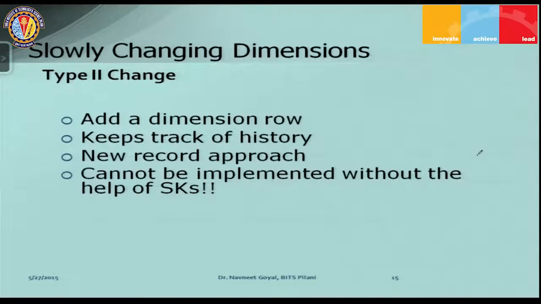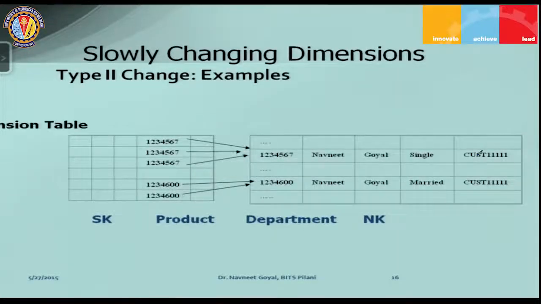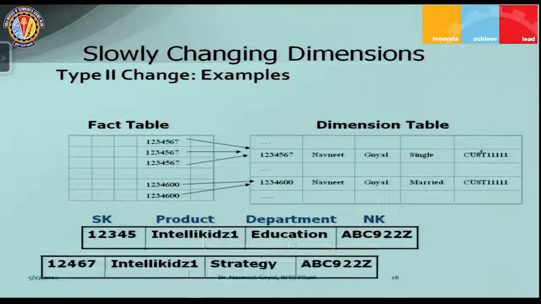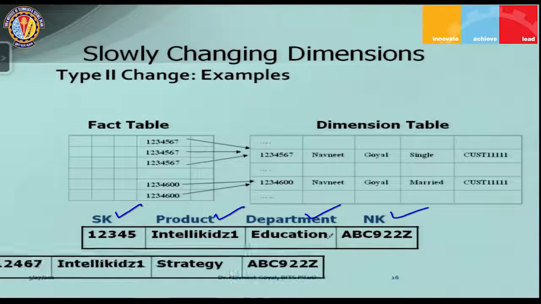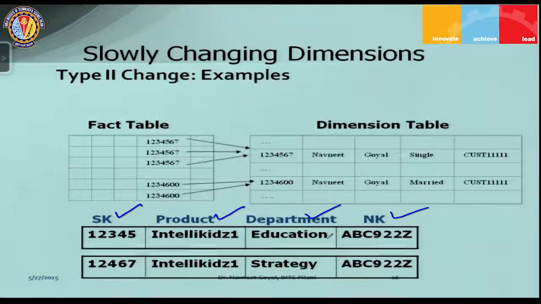Oops, sorry. There's some animation related issue. I'll figure that out here. Okay, so you see there is a product, IntelliKids, and there's a surrogate key, this is a department, there's a natural key, right? Now see two or three things.